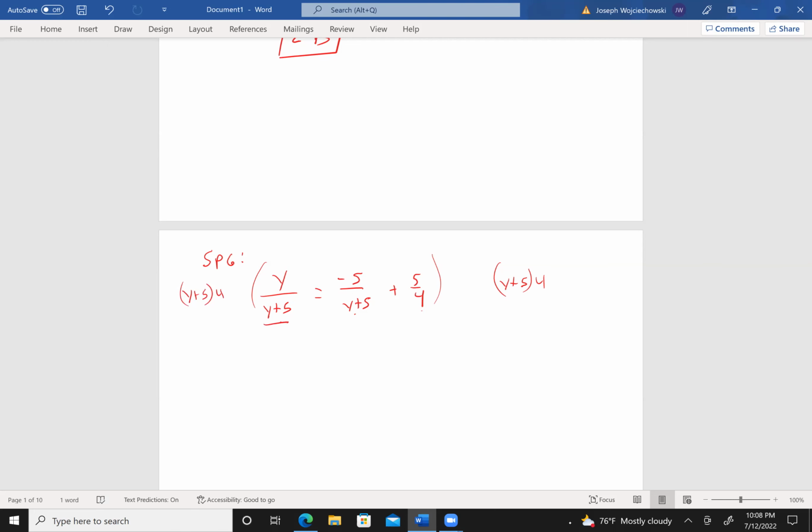Here, the y plus 5's cancel out, so I end up with 4y. Here, the y plus 5's cancel out, so I end up with 4 times -5. Here, the 4's cancel out, so I end up with 5 times y plus 5. Okay, so doing a little bit of algebra here. 4y equals -20 plus 5y plus 25.